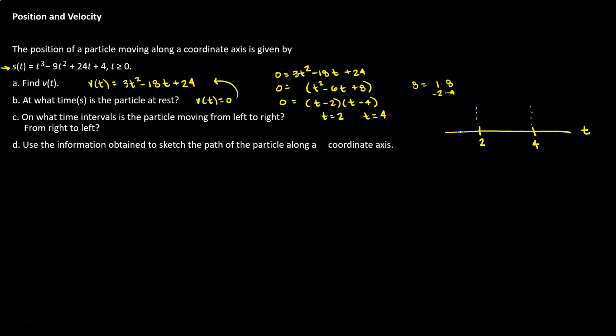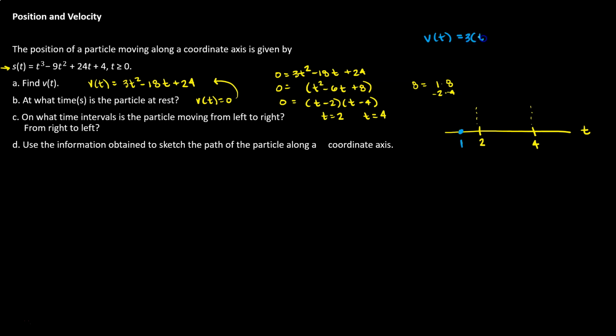If we pick a number like 1, and we plug that into our velocity function, we can determine if the velocity is positive or negative for this entire interval. So if I plug 1 into any version of my velocity function, I could determine if I have a positive or negative velocity. I'm going to use the factored version of velocity.